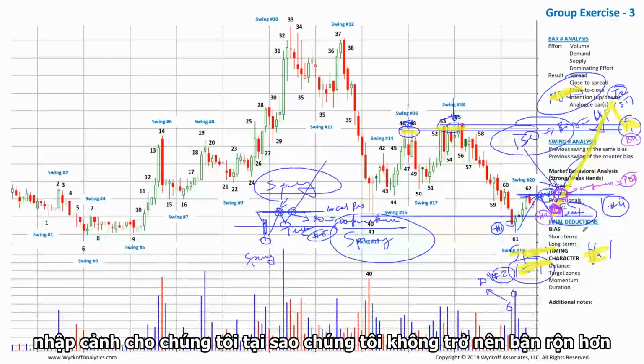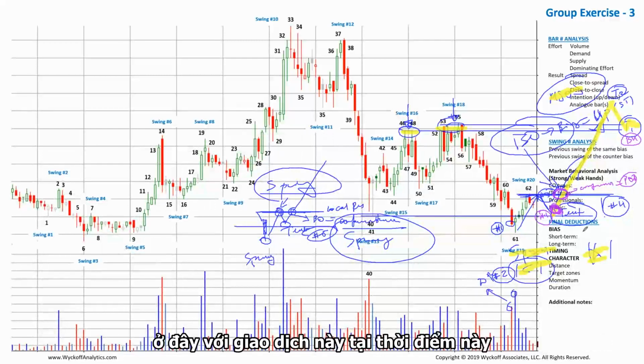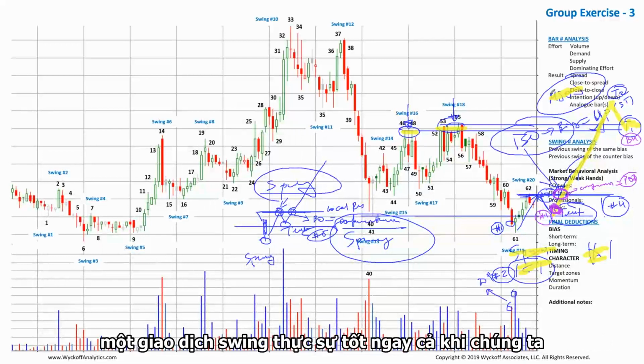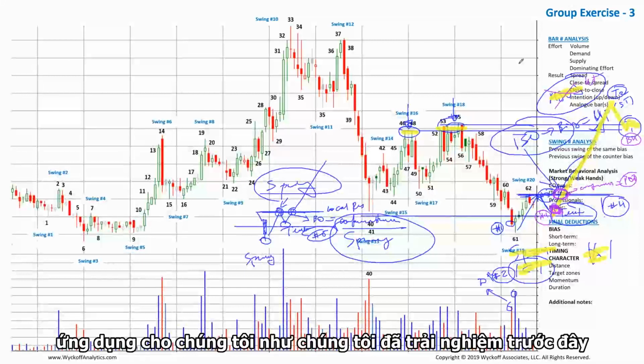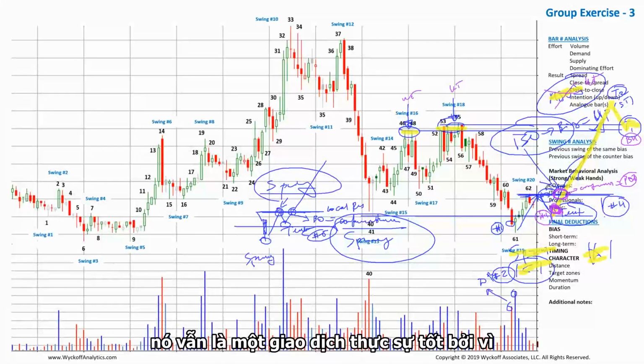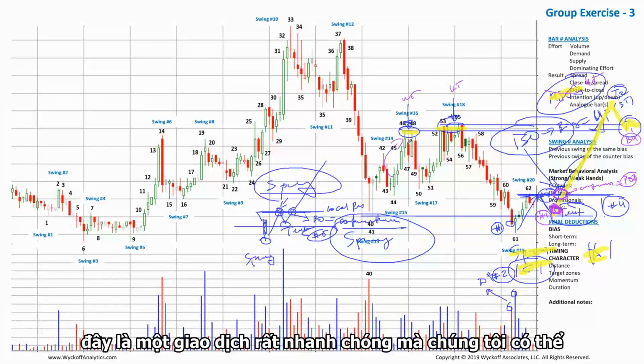Why wouldn't we get busy here with this trade at this point? Because if we're thinking that target 1 and target 2 are so far away, it's a really good swing trade. Even if we are wrong and this is not the major sign of strength, and it's going to become an upthrust like we've experienced before, it's still a really good trade because we have a lot of distance here. This was a very quick trade.